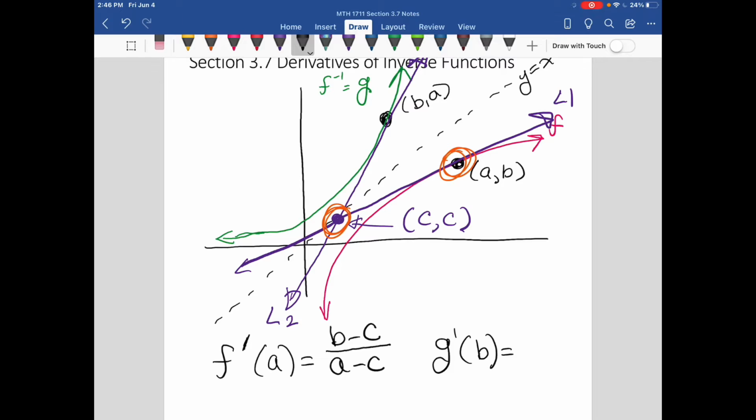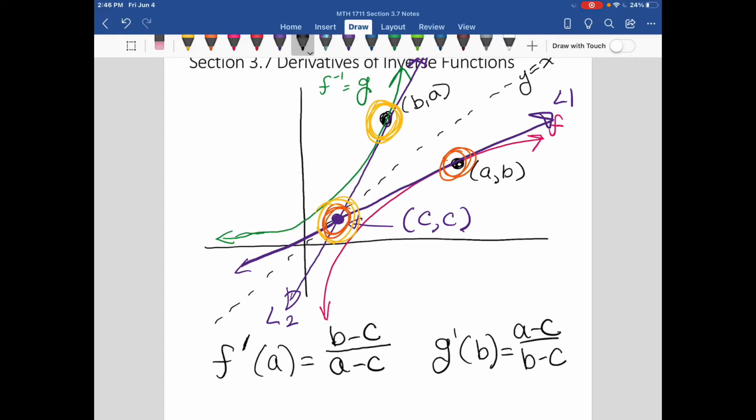Now, if I do the same thing for the inverse on the green function, function g, if I wanted to find the tangent line that passes through that point x equals b, but it also passes through the point CC, I'm going to use those 2 points. Let me highlight them in a different color. I'll use yellow. So I'm going to use the yellow points to find the slope of g.